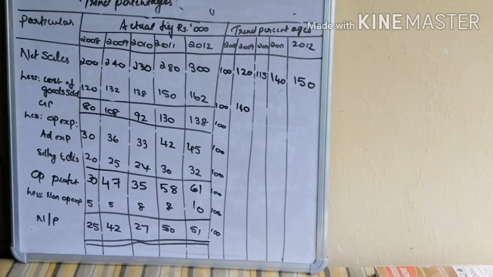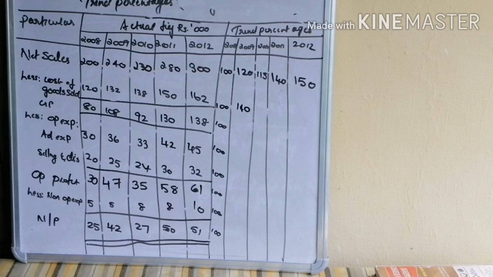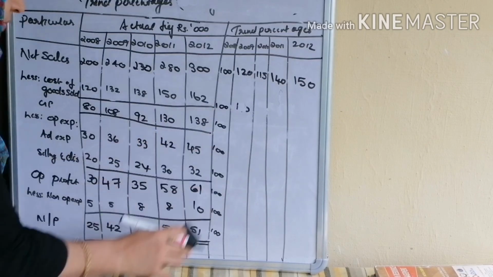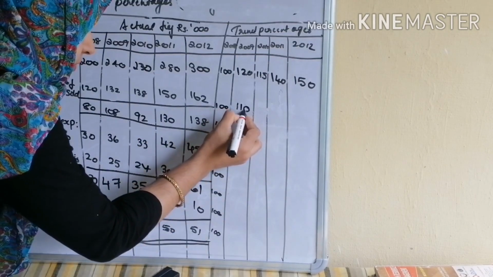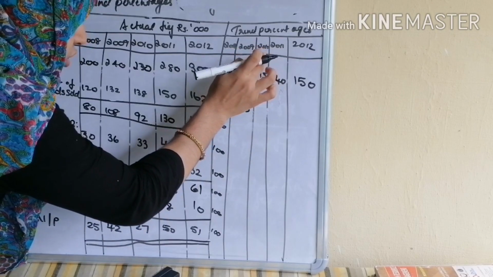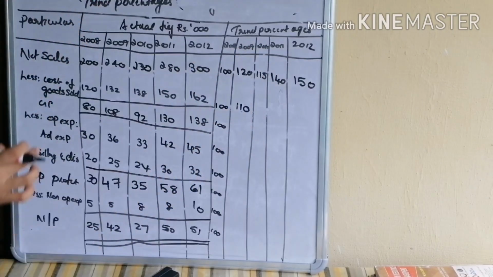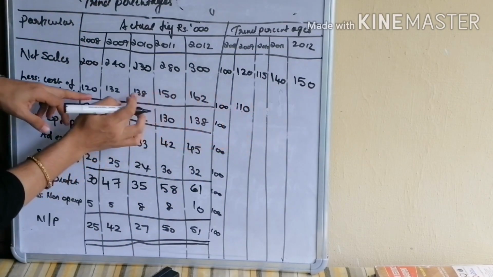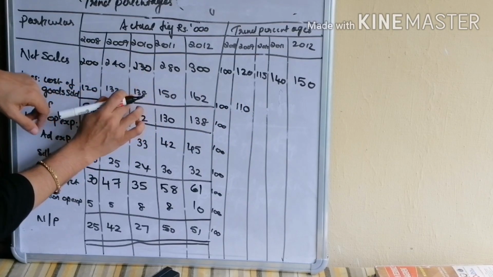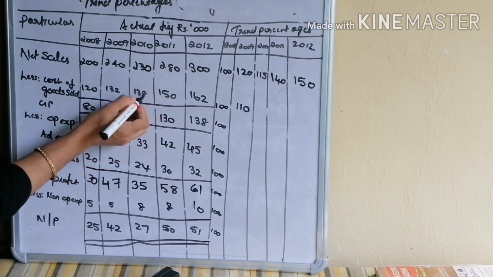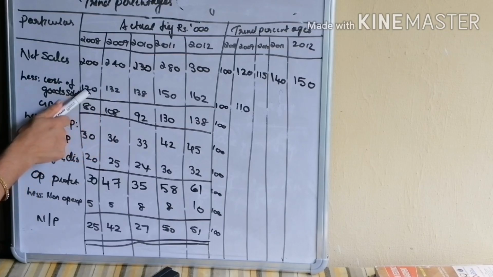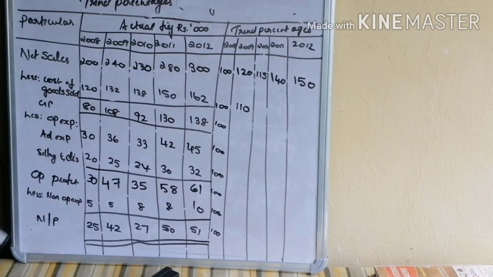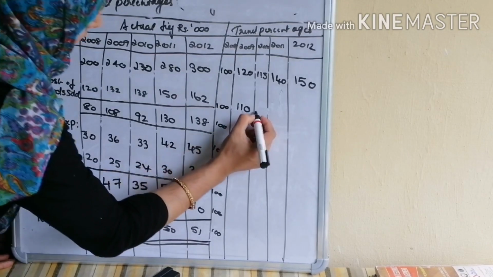Next we have to find out the trend percentage of 2010. For cost amount 2010, it is 138. So 138 divided by 120 into 100. What is the amount? Yes, 115.